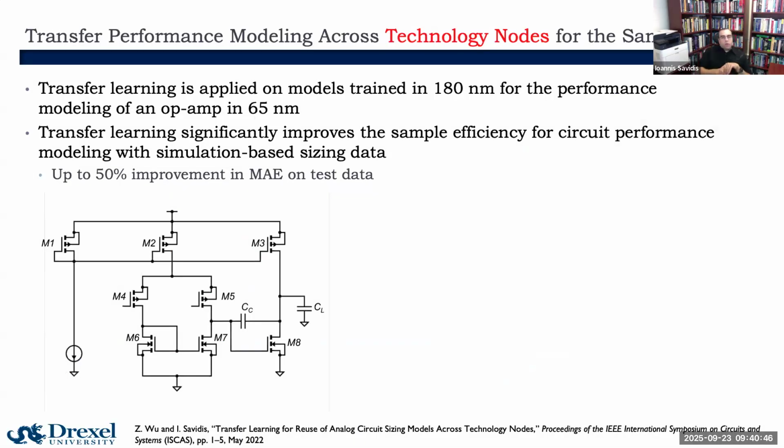So what we looked at, we applied transfer learning to performance models for an op-amp. This was from 180 nanometers to 65 nanometers. And transfer learning significantly improves the sample efficiency for circuit performance modeling with simulation-based sizing data, with up to a 50% improvement in the mean average error on test data.